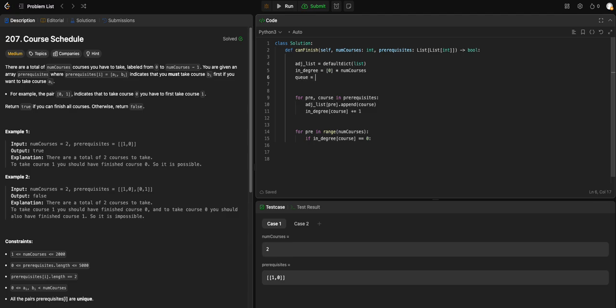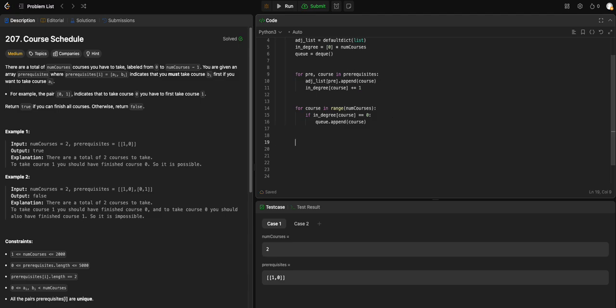Q is equal to deque. In degree is 0, so we append to the queue, which is where we start. Q dot append course.